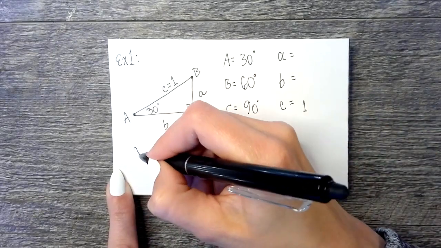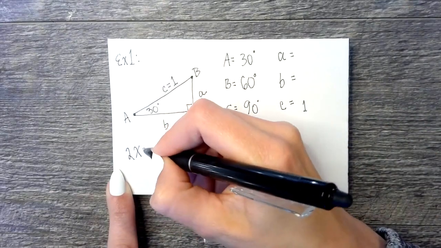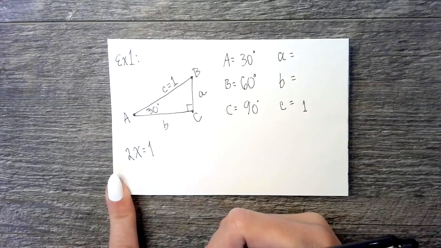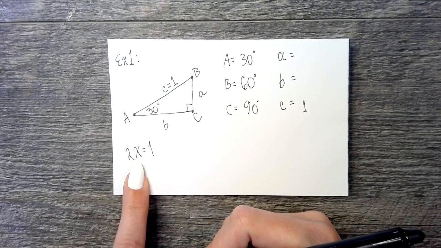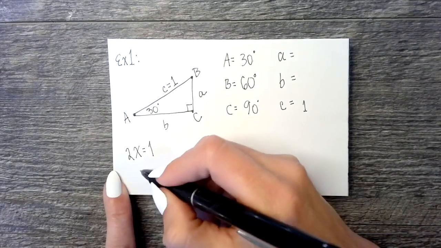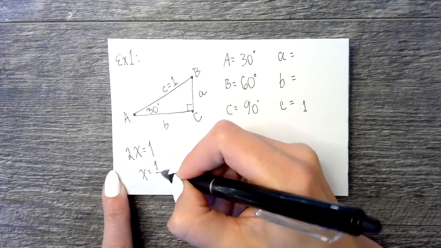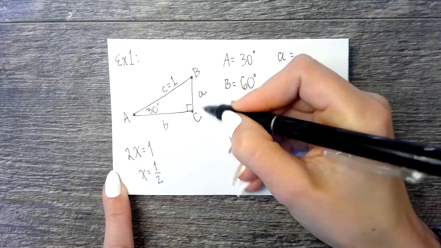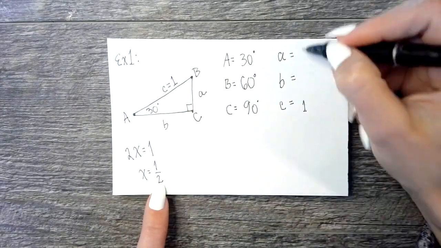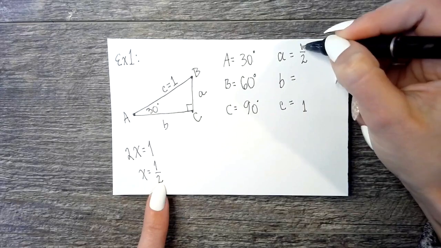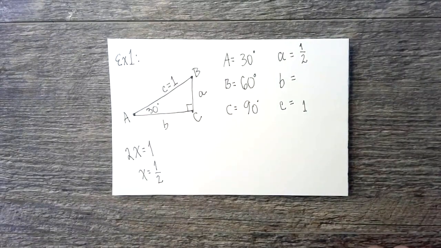Now we're going to find our side lengths, and I'm given the hypotenuse. The expression we just saw for the hypotenuse was 2x, and that side length I am told is 1. If 2x is 1, then the x value, solving for x, is 1/2, and you get that by dividing both sides by 2.